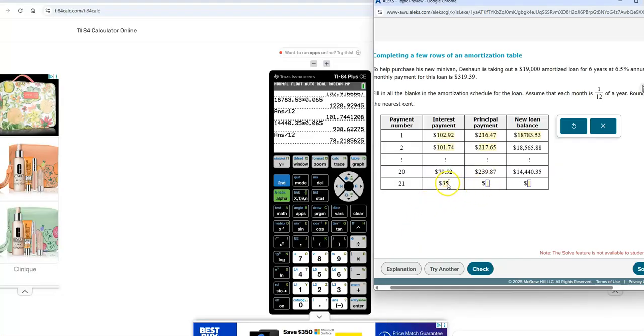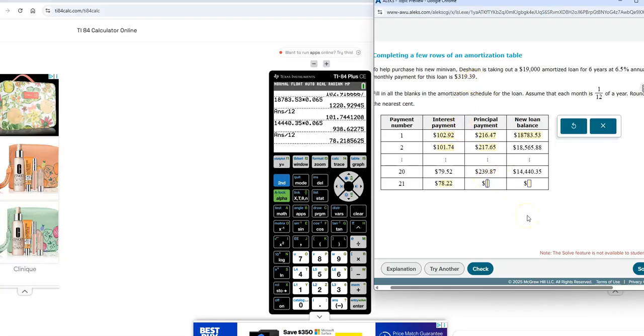So the interest payment will be $78.22. And you see the interest payment reducing because the principal is shrinking. So for our principal payment, we subtract 78.22 from 319.39.